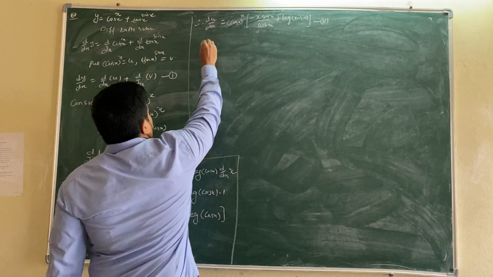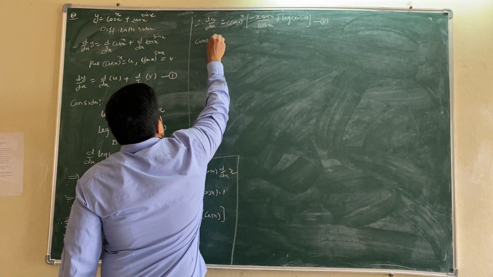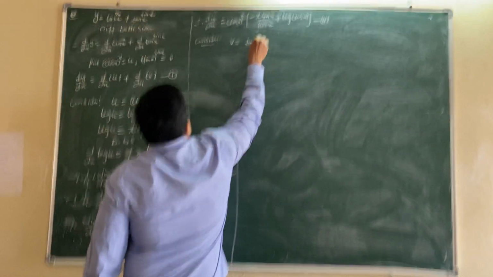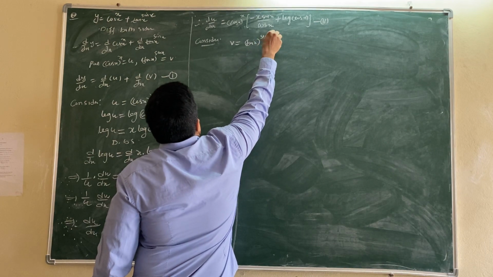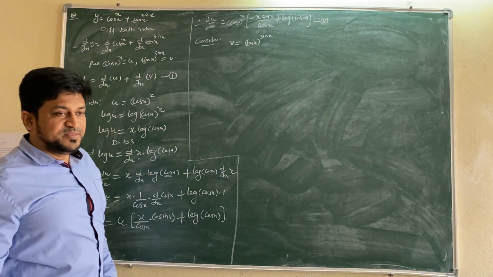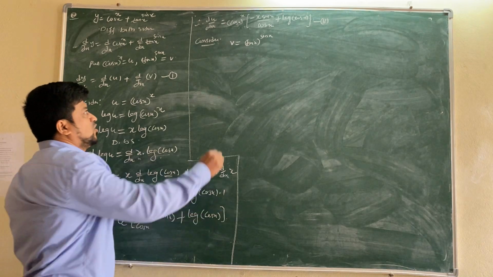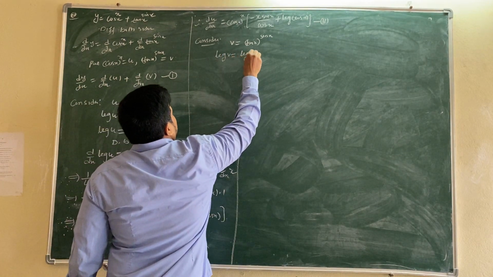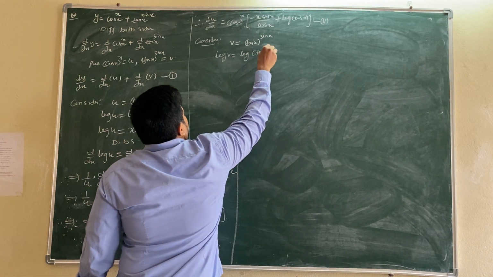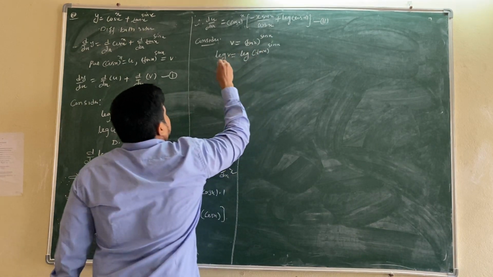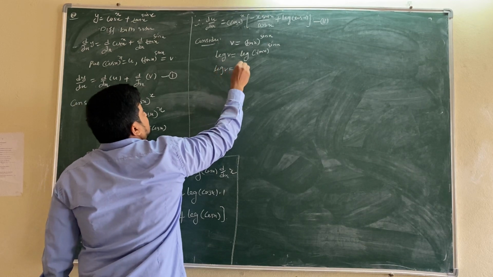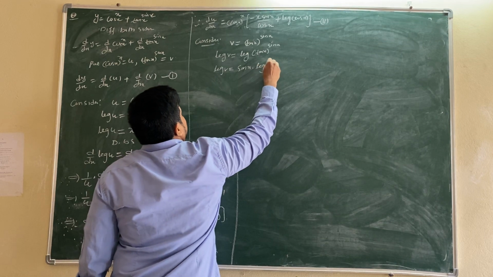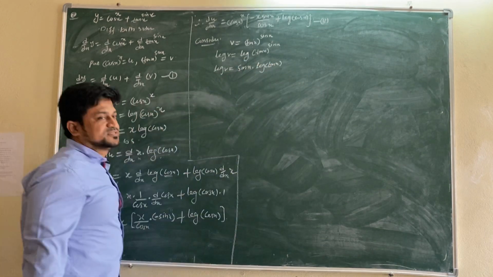Then v equals tan x power sin x. One more consider, what we should take for this bracket. Then applying log on both sides. I am not writing the statement; you can write it at the time of copying. This is log v, the sin x comes here, sin x into log of tan x.